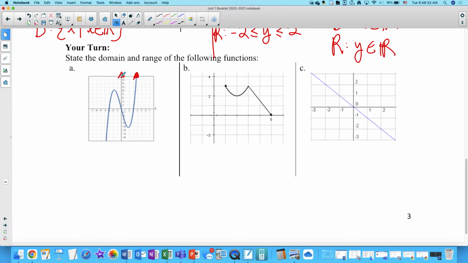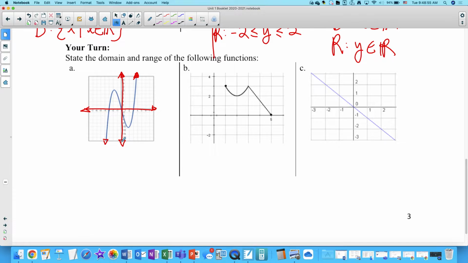Okay, so yes, it's going up, but it's also going to the right. And this one also is slightly going down. No, it's not slightly going down. It's really going down. It's slightly going left, okay? So in fact, the domain and range are both variables are elements of the real numbers, okay?